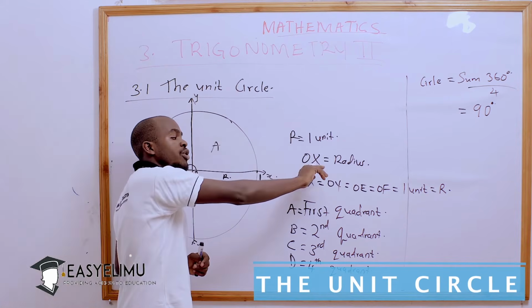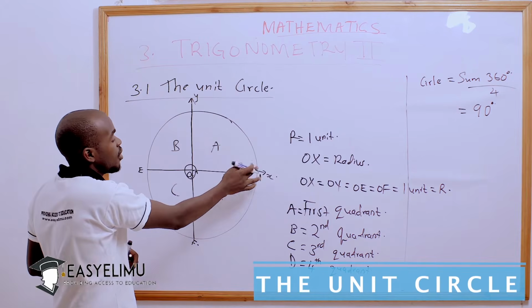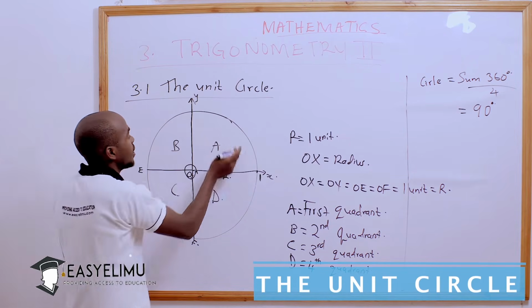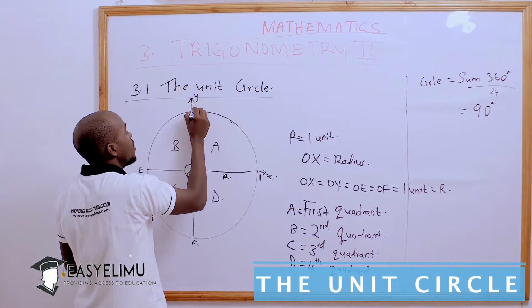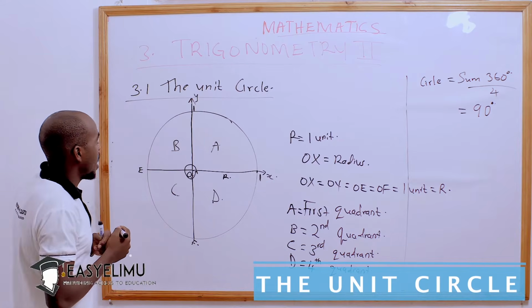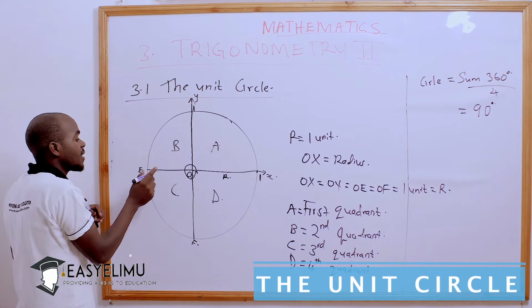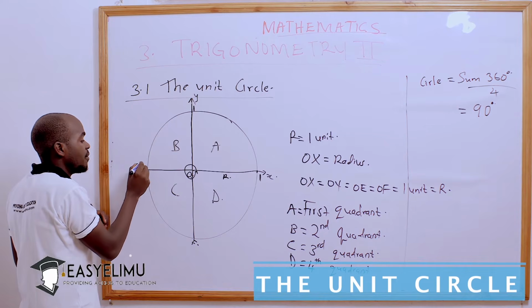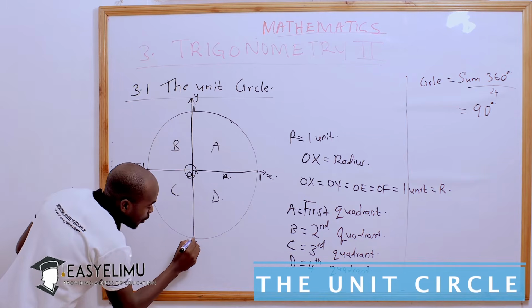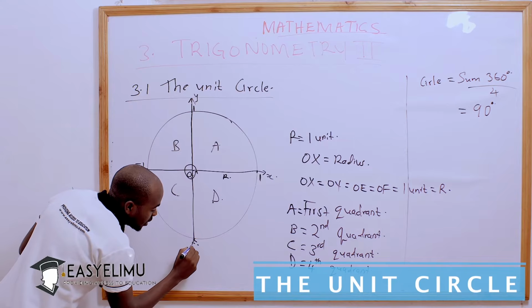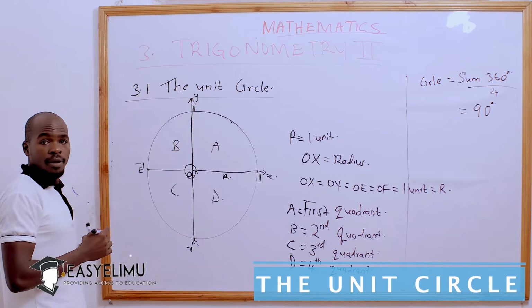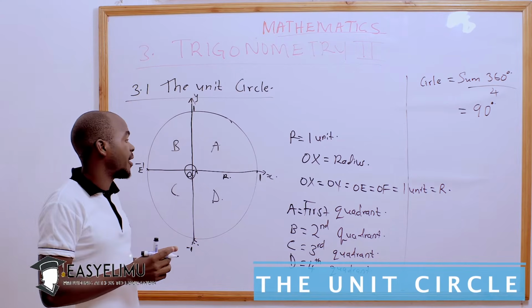As you move on, it will be 2, 3, but the circle will be at positive 1. And here also at the y-axis will be positive 1. And the other way on the x-axis, this part will be negative 1. And the other one on the y-axis downward will be negative 1. That's how we can identify them.